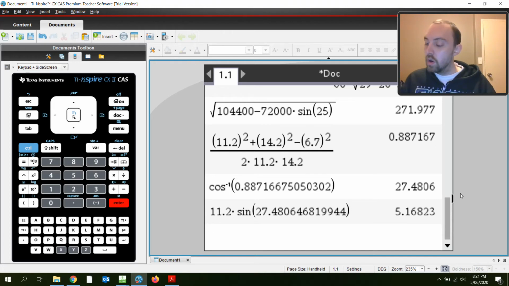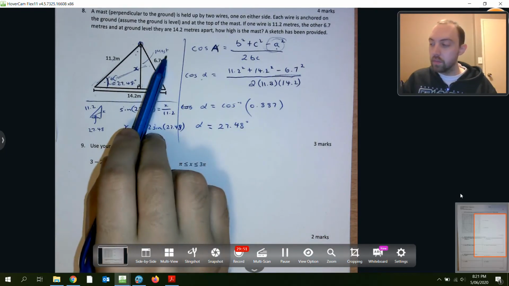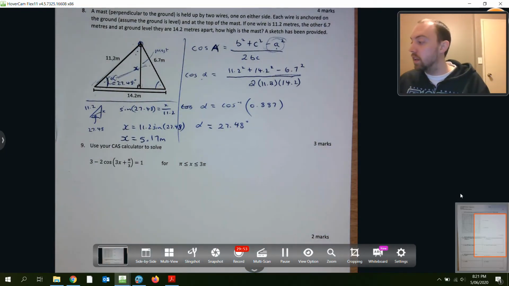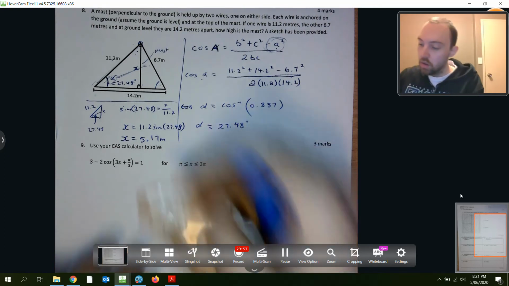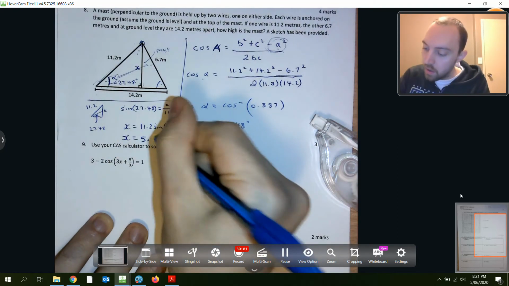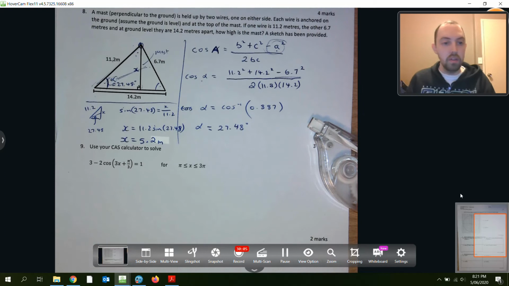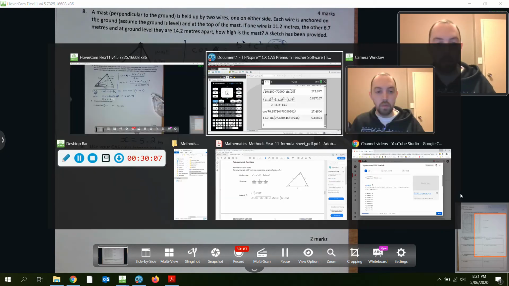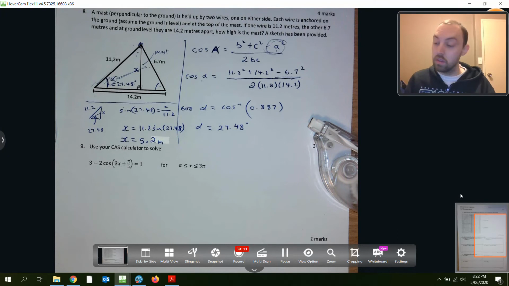You could probably do it to 1 decimal place because every other number in here is given to 1 decimal place. All my other values are given to 1 decimal place, so I will do that for my answer too. 5.17 becomes, well, 5.16 becomes 5.2.